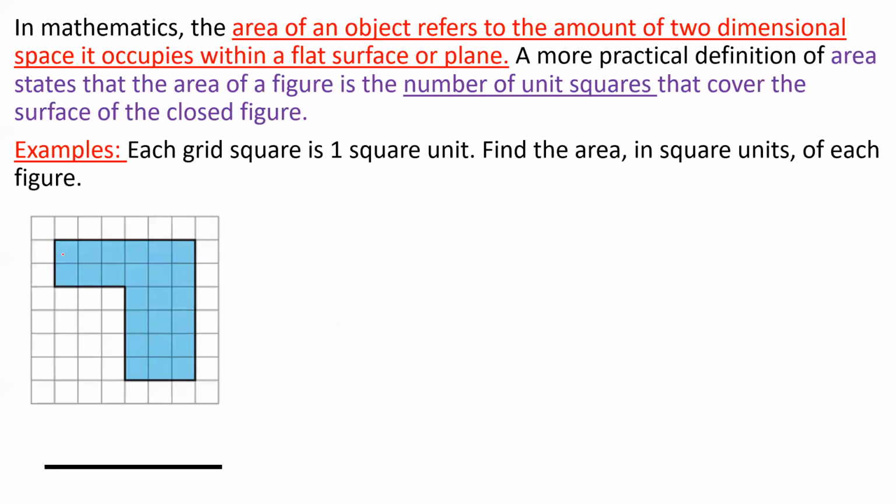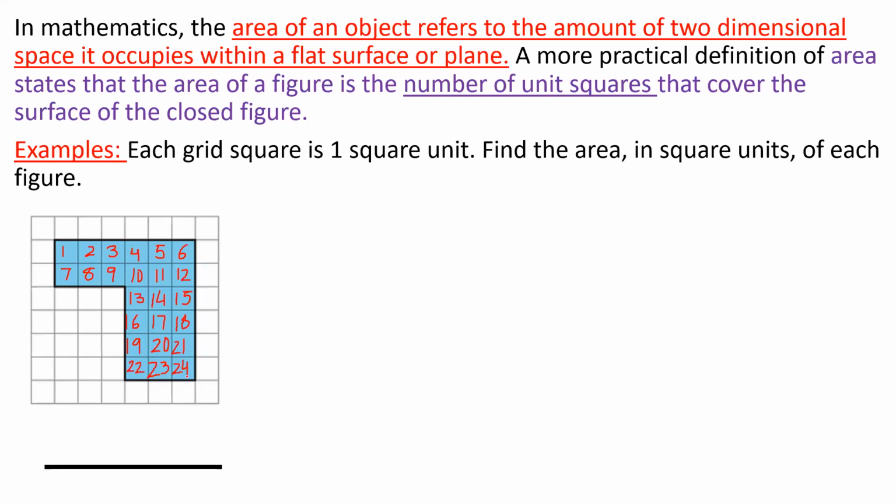We know that this is 1, 2, 3, 4, 5, 6, 7, 8, 9, 10, 11, 12, 13, 14, 15, 16, 17, 18, 19, 20, 21, 22, 23, and 24.